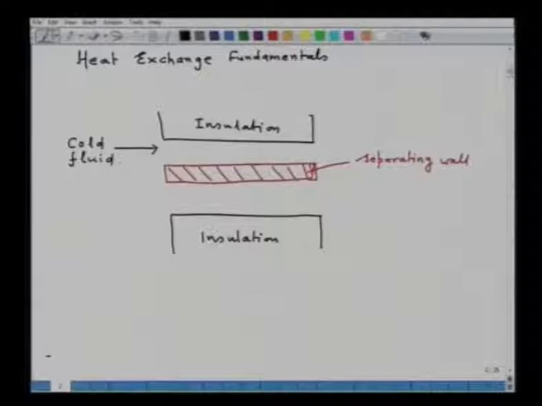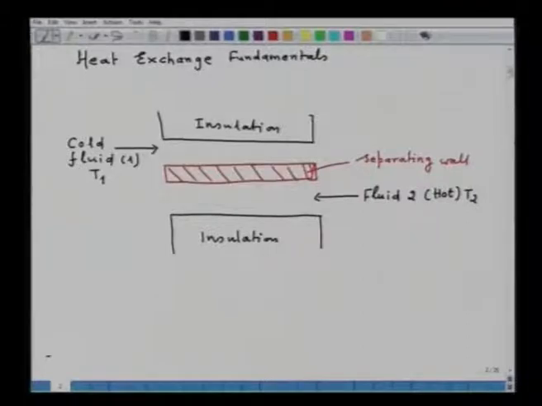Let us take it as fluid number 1, and we represent it by its temperature T1, and from this direction fluid 2, which is hot and at some temperature T2. So, you can see that the separating wall separates the cold and hot fluid.